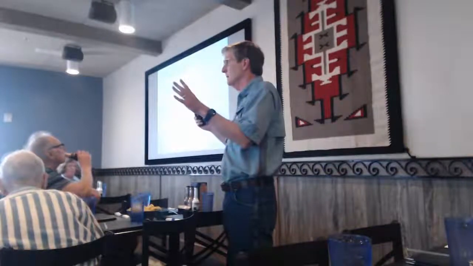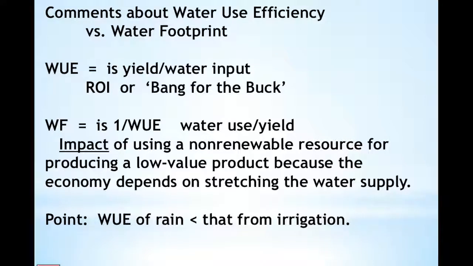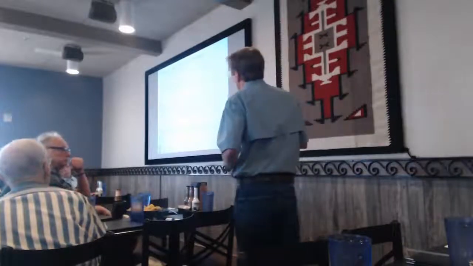Now, this happens to be one of the best places in the world to grow cotton. So cotton is always going to be important. And you can grow dryland cotton. It's not bad in some years. But this depends on the economy here, depends on stretching that water supply. So how much water is tied up in that bale of cotton or in that bale of hay?